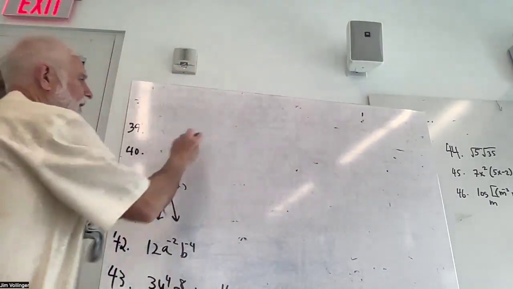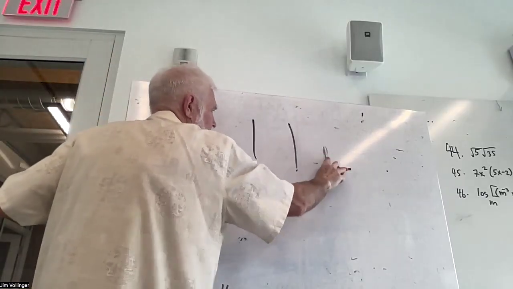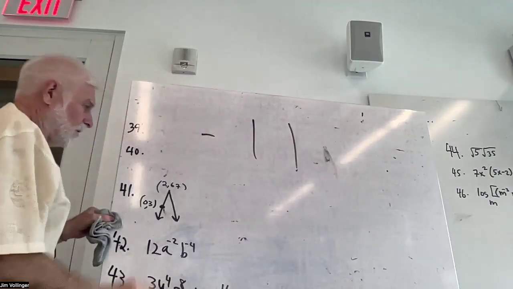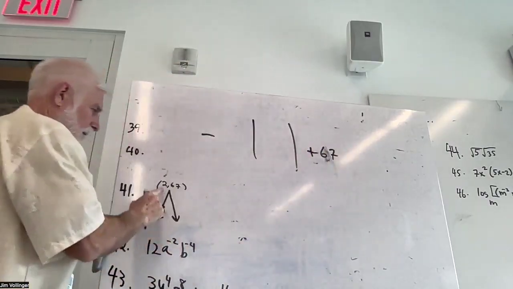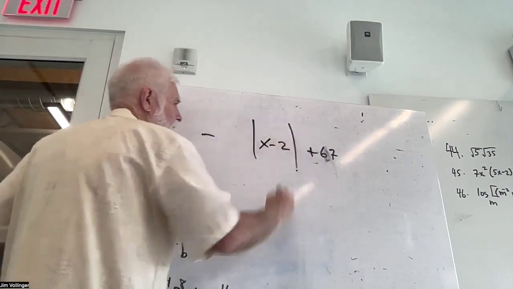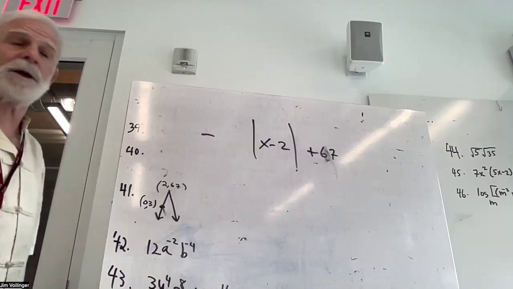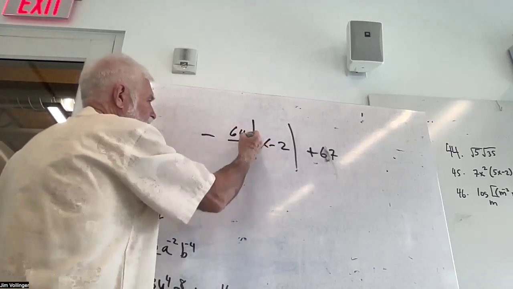I see an absolute value that is going down. I don't want to put plus or minus there yet until I look and I go, oh, positive 67, maximum value in this case, x minus 2. And then I go from this place to this place. How do I get from 67 to 3? 64 units of change.